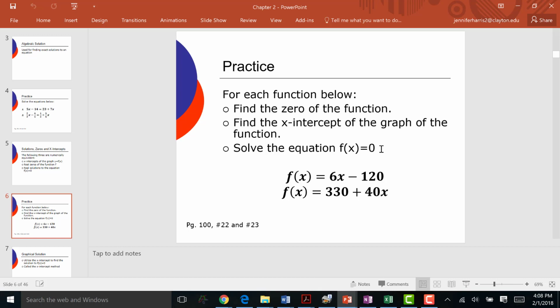What's the biggest number that I can divide both 330 and 40 into? 10. That's your GCF, your greatest common factor. So divide top and bottom by 10. So that means x is equal to negative 33 over 4. Is that the exact answer or an approximation? That's the exact answer. If we divided it and the calculator gave us a decimal, it would be an approximation.